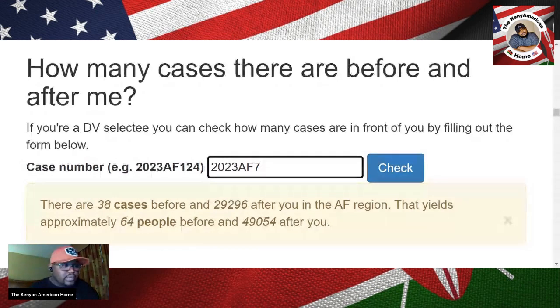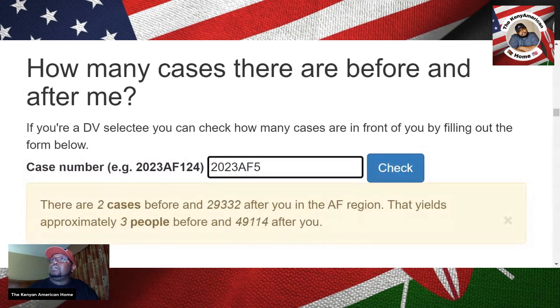One of the people that we found that had a really low case number that is still at NVC is case number 5 in Africa. If we check that, you can see that there are 2 cases before the AF5. This person should have been completed, but they did not fill out the DS-260 in time.